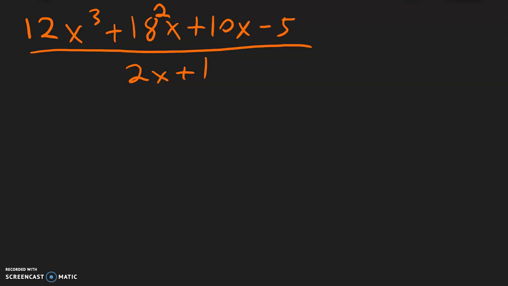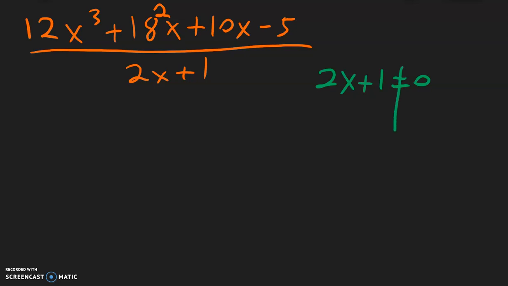In this video, I will show you how to divide polynomials that have a coefficient in front of the variable. Right here on the bottom, you see this 2 in front of the x. And so what you want to do with that is you still want to set the denominator equal to 0 like before and solve.